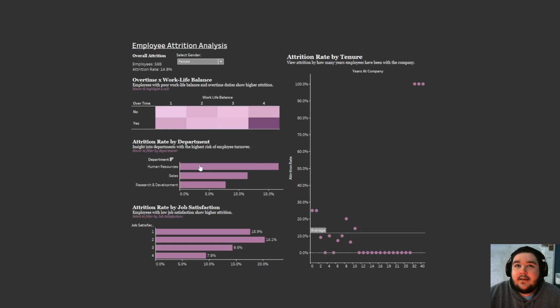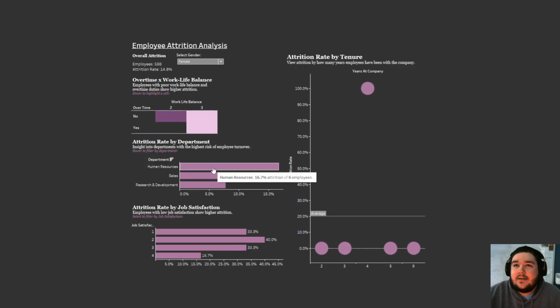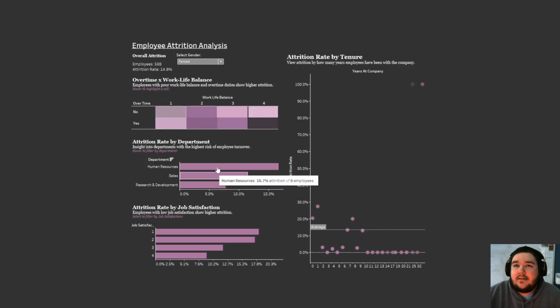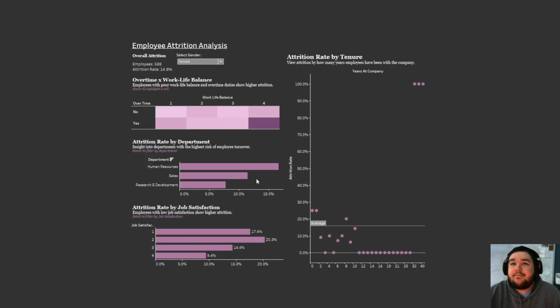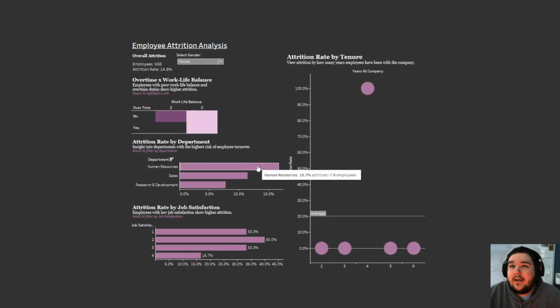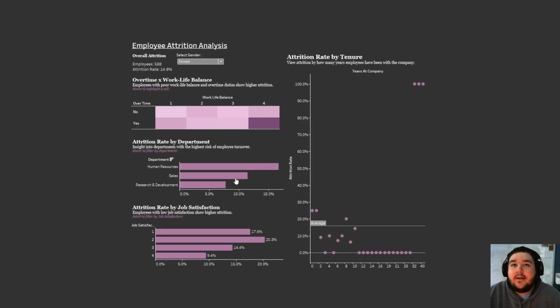Actually, this changed because we're on females, and it seems females do not like to stay in their human resource job at this company, which is bringing a number of 16.7, which is greater than our total overall attrition rate.